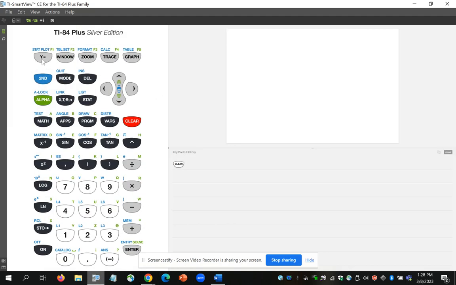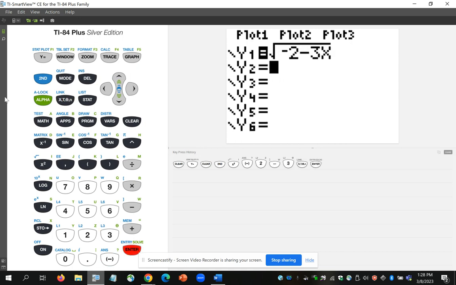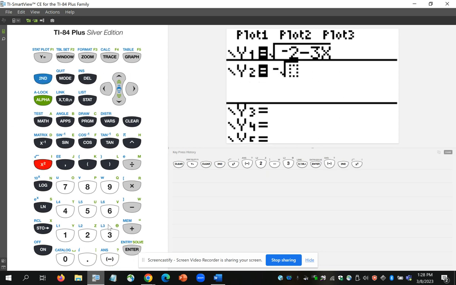I would have to graph y equals the positive square root of -2 minus 3x, and graph the opposite, the negative square root of -2 minus 3x, at the same time. You have to graph both pieces. You have a positive and a negative.